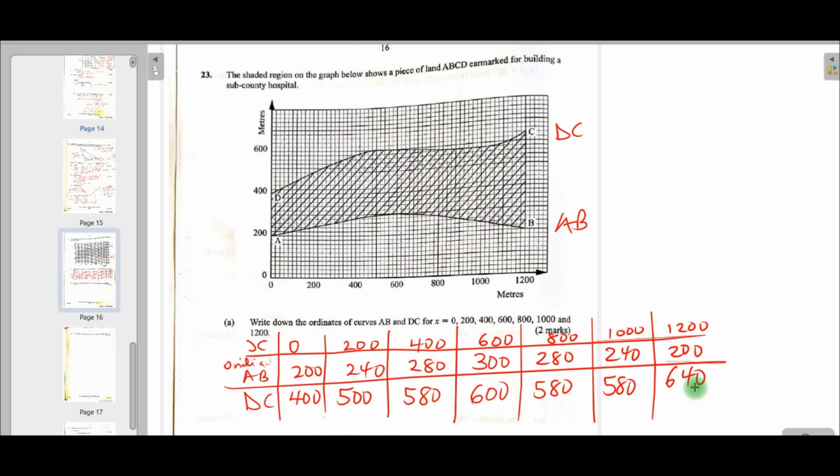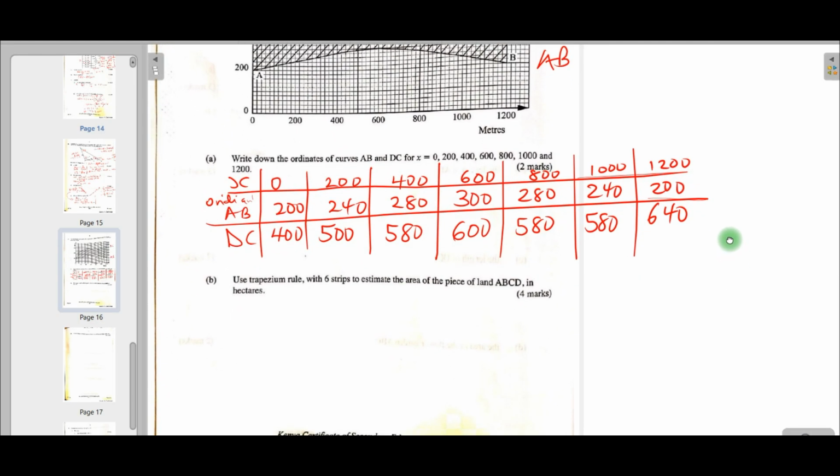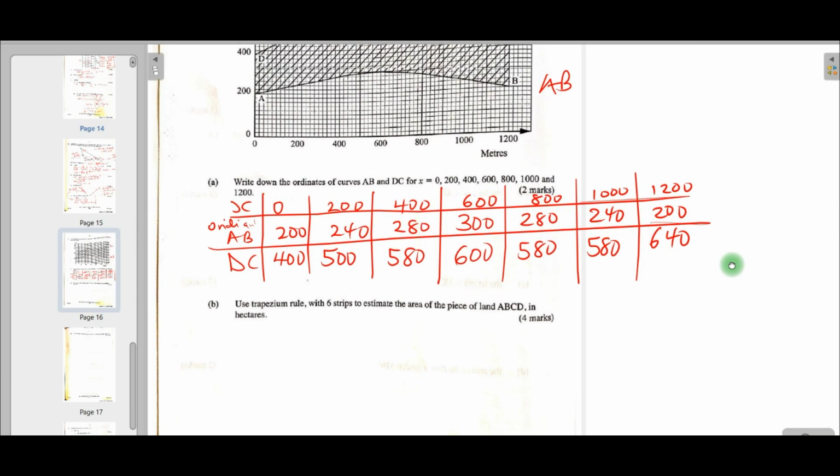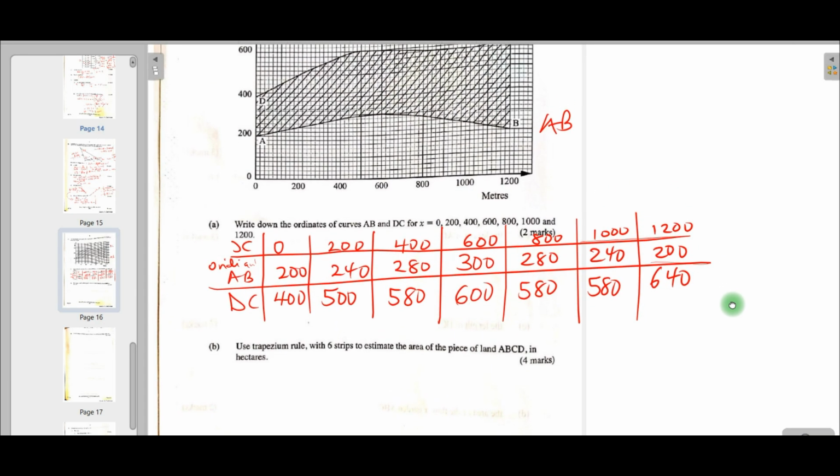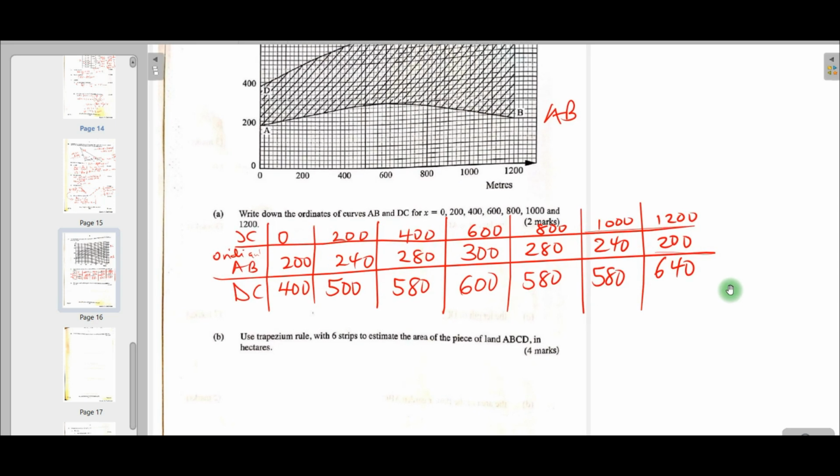So that's what we have. Now, we proceed on to the next. We are going to use the trapezium rule with 6 strips to estimate the area of the land. So for 6 strips, here we need to have y0, y1, y2, y3, y4, y5, y6.